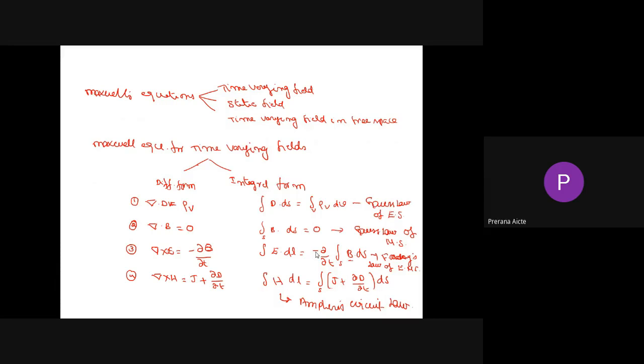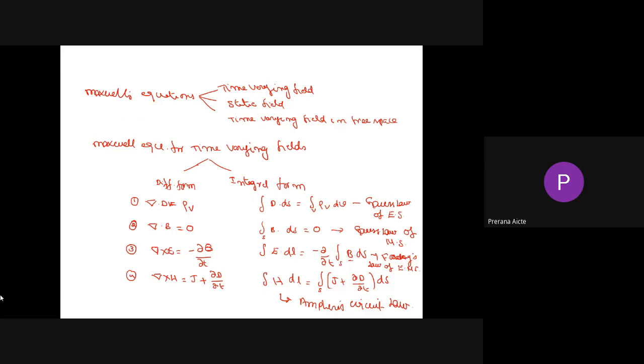Okay. So Maxwell equations of time varying fields, static field, time varying field in free space. Maxwell equations for time varying fields are again defined in different ways, like differential forms and integral forms.